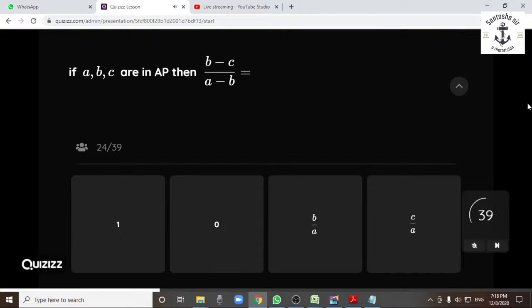40 seconds more. 24 members answered out of 39 participants. If A, B, C are in A, B, then B minus C by A minus B equals to what? Last 25 seconds.